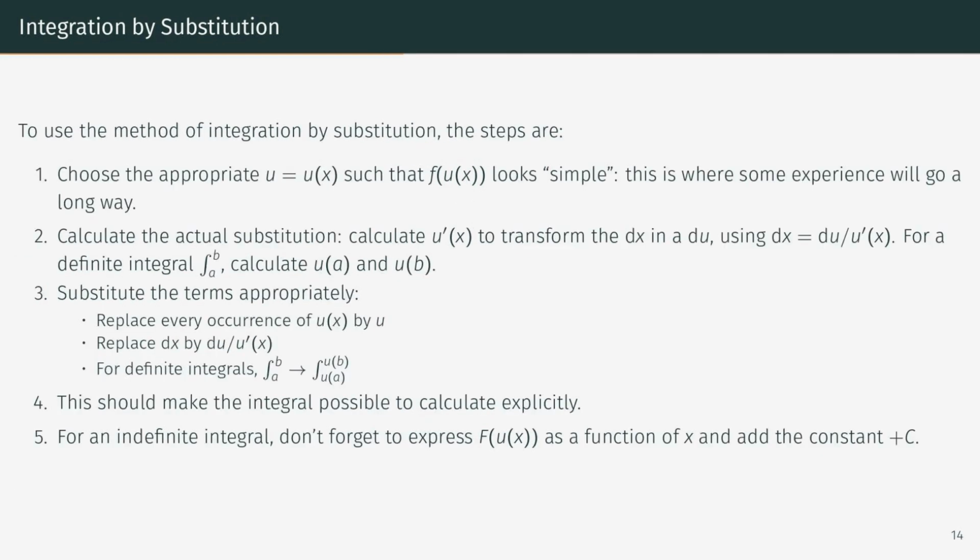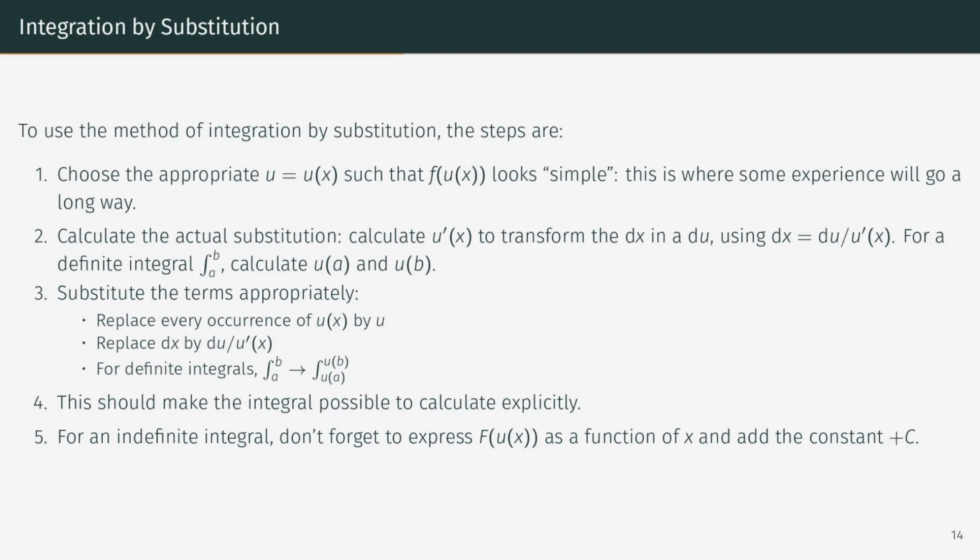To use the method of integration by substitution, the steps are as follows. 1. Choose the appropriate u equals u(x) such that f(u(x)) looks simple. This is where experience will go a long way, and the more problems you solve, the more intuitive it will become. 2.